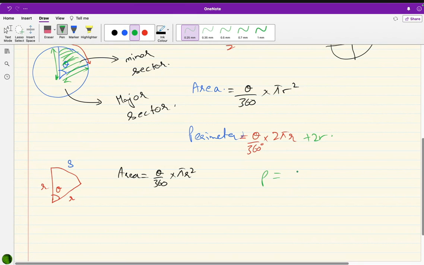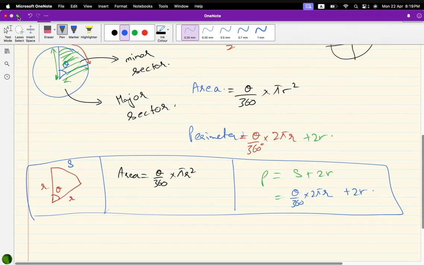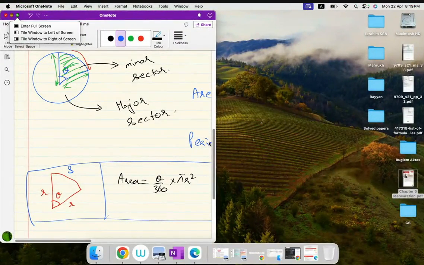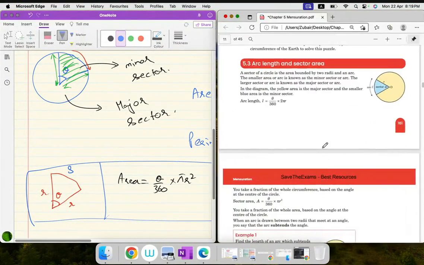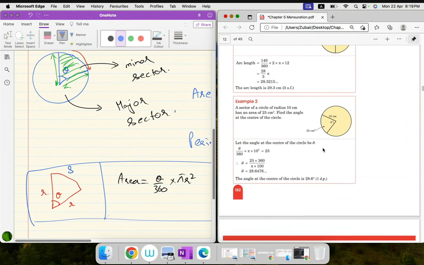Perimeter is equal to arc length plus 2 radius, where perimeter is angle by 360 into 2 pi r plus 2r. So these are the two formulas we use and solve the shapes interchangeably. Sometimes perimeter would be given and we'll be asked for the radius. Let's have a look at the exercise directly.